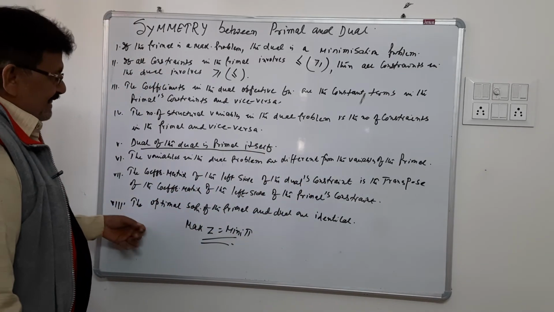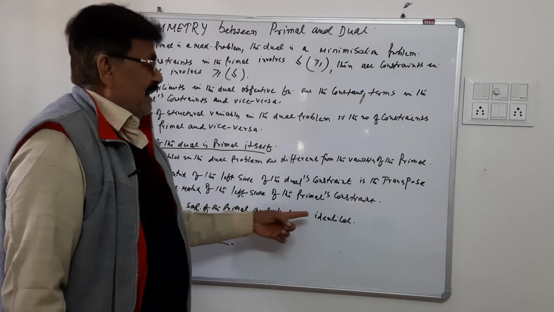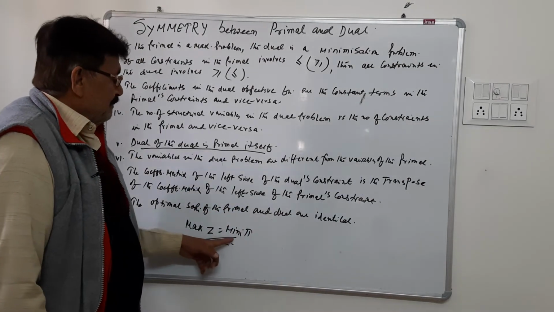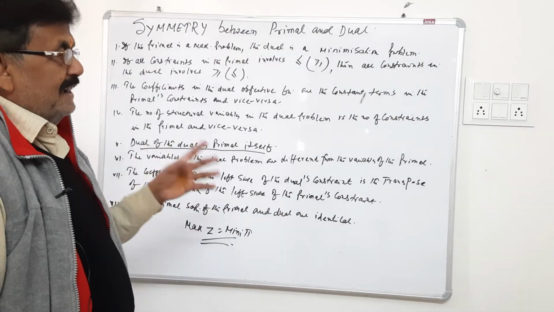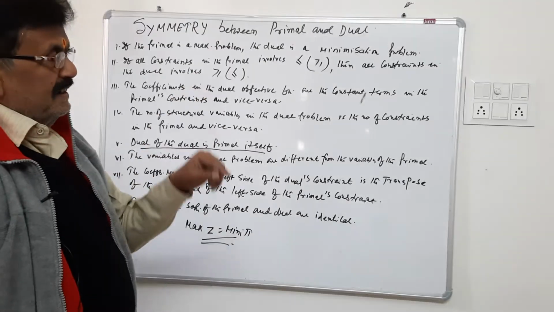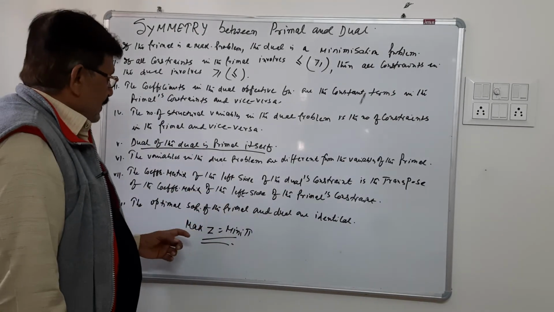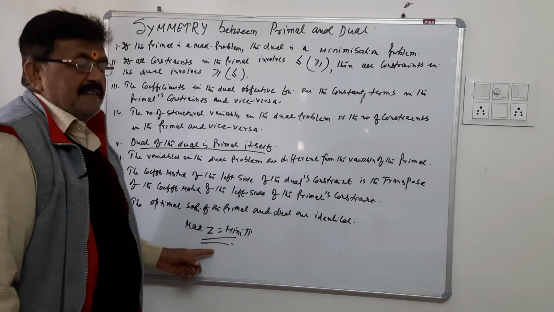And finally, the 8th says that the optimal solutions of the primal and dual are identical. This is a very important theorem, that maximum z equals minimum pi. If you start from a primal, you get the solution, let maximum z be 50. You get its dual, solve it, you will get minimum pi as 50. So the optimal solutions of the primal and dual are identical, or the same.